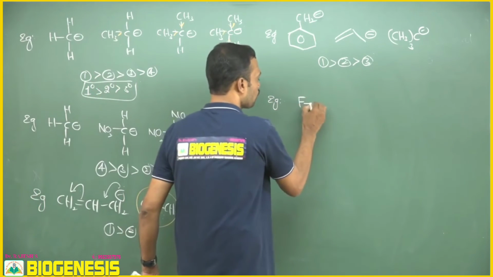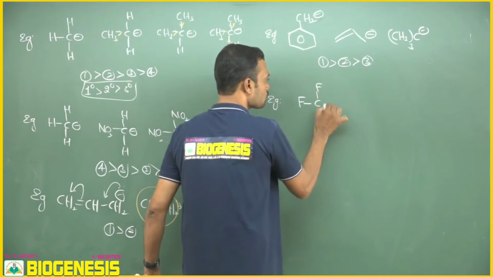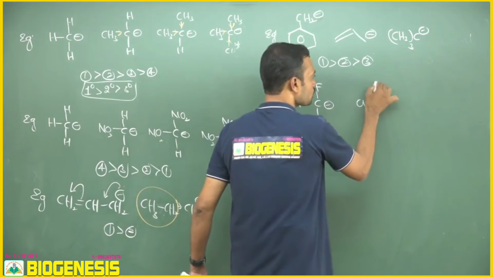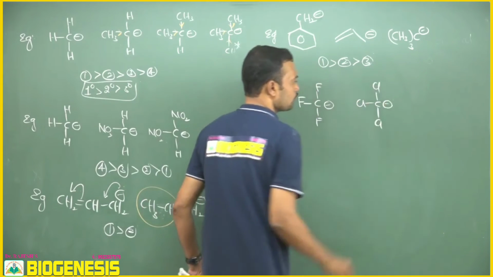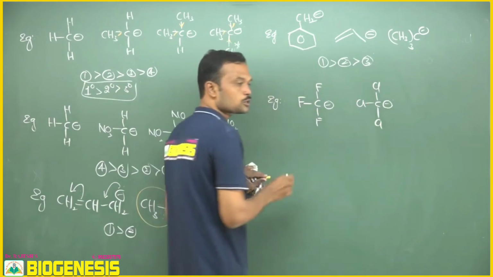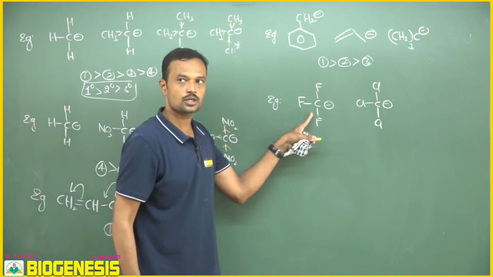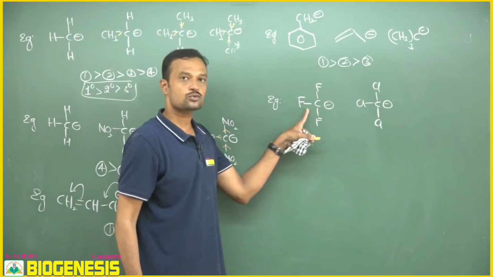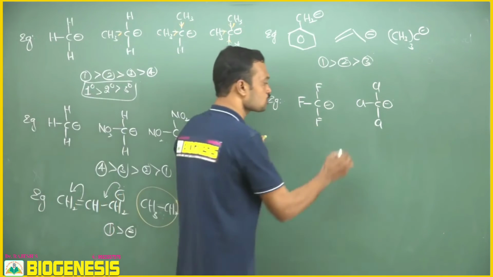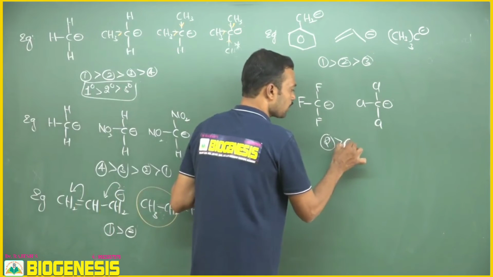Suppose fluorine attaches to carbon and here also like this. Now chlorine attaches to this one. We know fluorine is generally more electronegative. As electronegativity increases, stability increases. Generally based on that point we can say first one is more stable as compared to second one, but that is wrong. Second one is more stable as compared to first one.